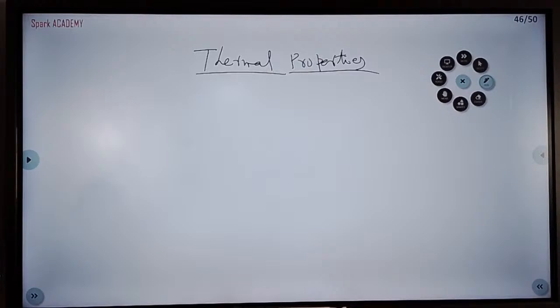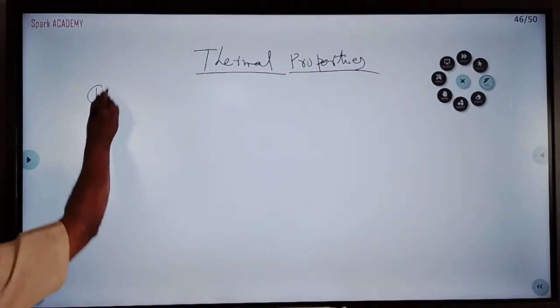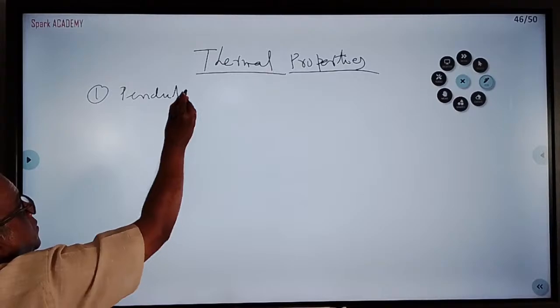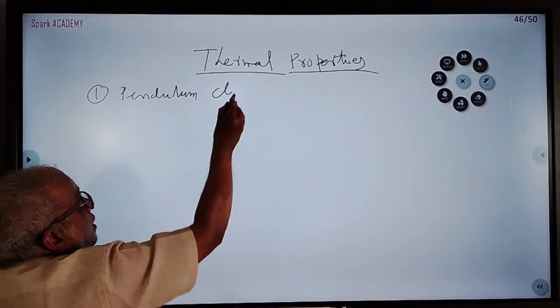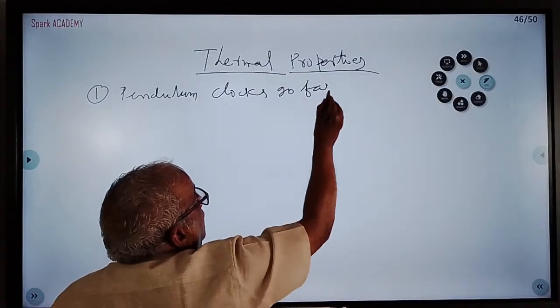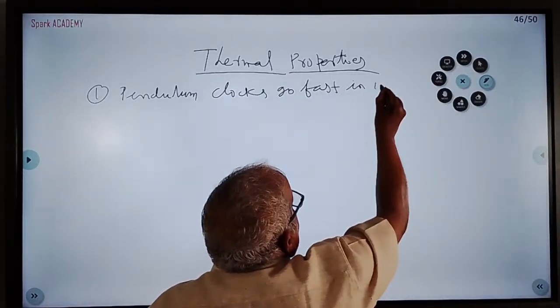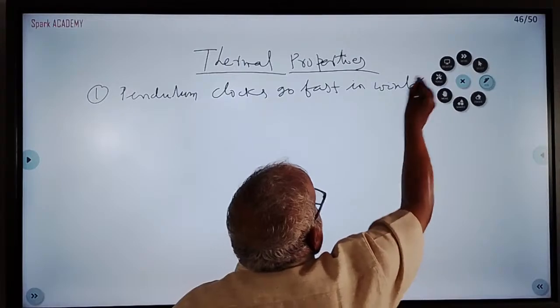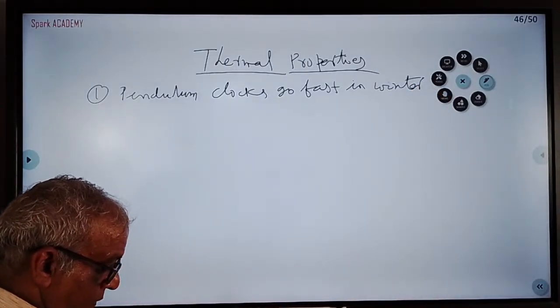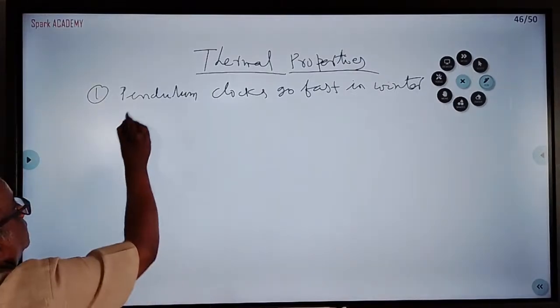Thermal properties. Pendulum clocks, the first question, a very easy question. Pendulum clocks go fast in winter and slow in summer.